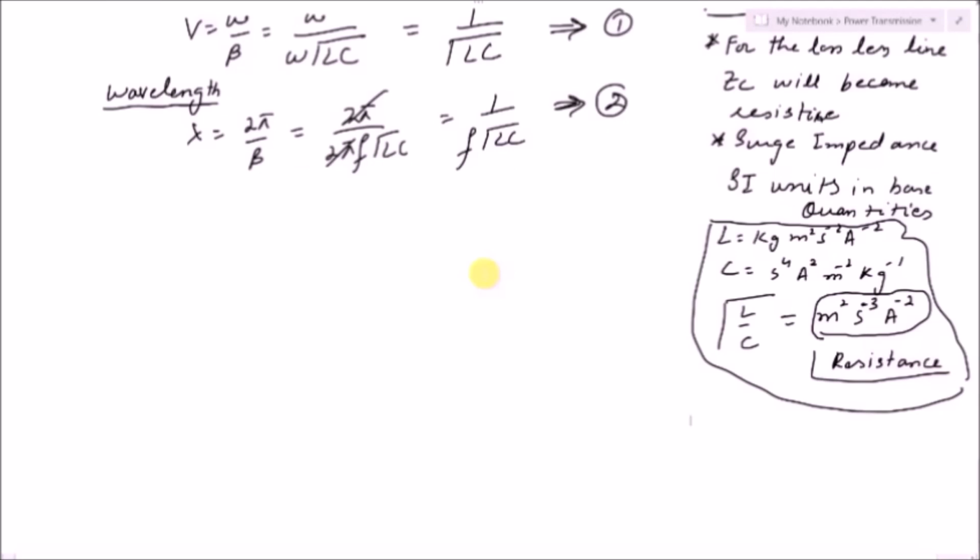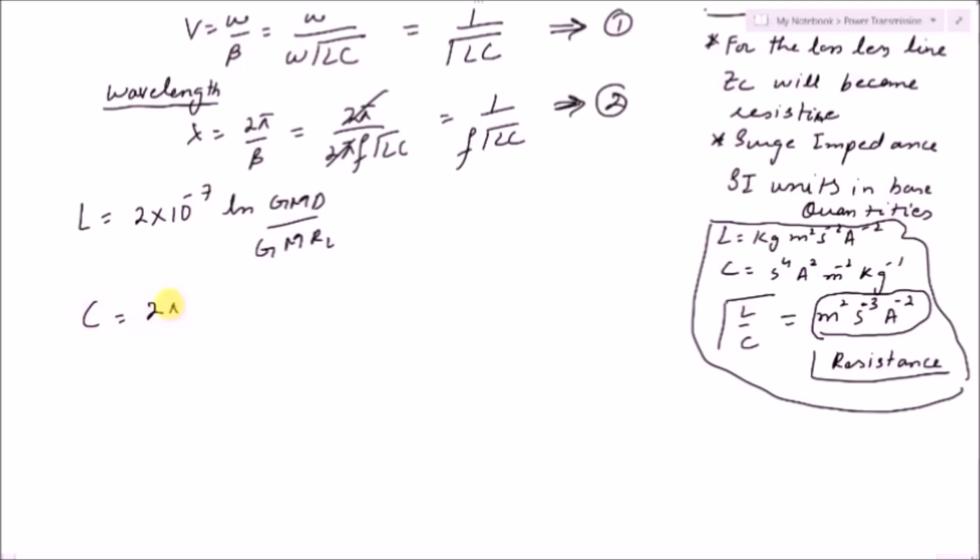Now from the equations of inductance and capacitance that we calculated at the start of the semester, there were two equations. For inductance, we calculated that the formula was 2 into 10 raised to minus 7 ln GMD over GMRL. Similarly, we have found the formula for the capacitance value.